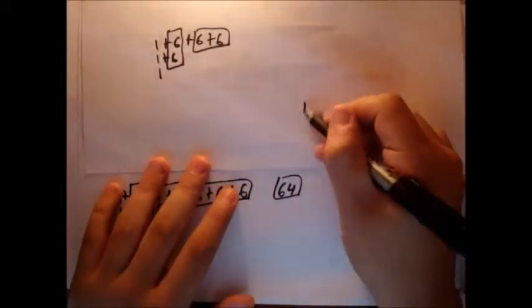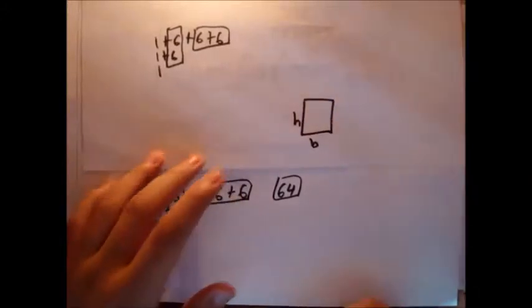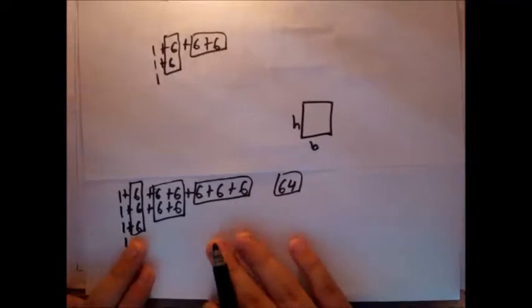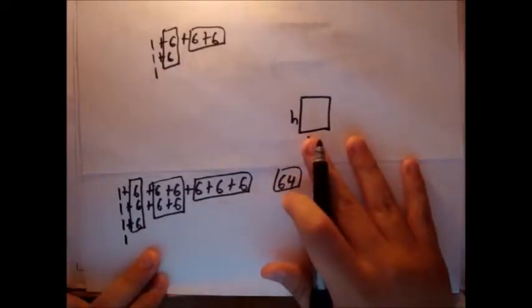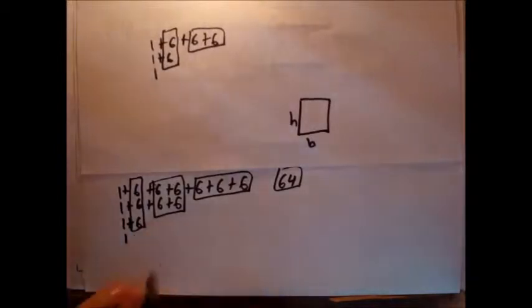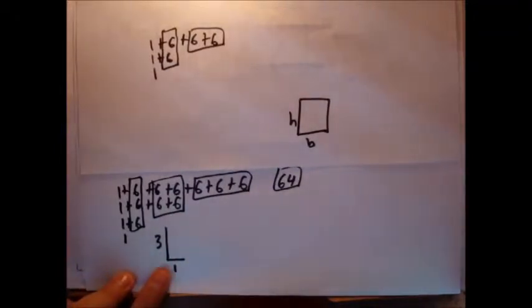Now, what does this mean? This means that if we think in terms of a rectangle, it has a base and a height, right? Well, in this case, we're going to be talking about the 64 version. In the first rectangle that we drew, there are 3 6s, 3 heights of 6s and 1 length of 6, if you will.